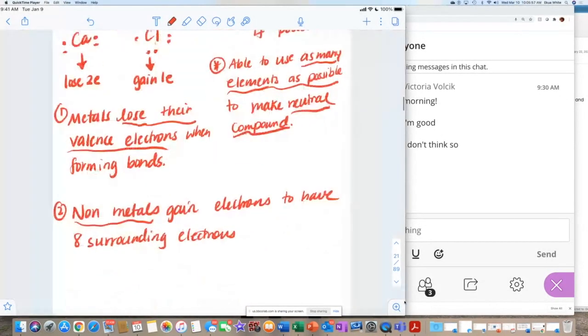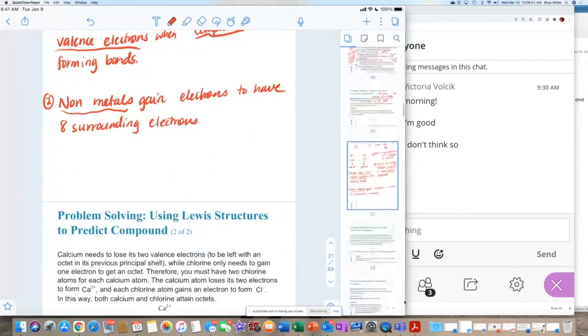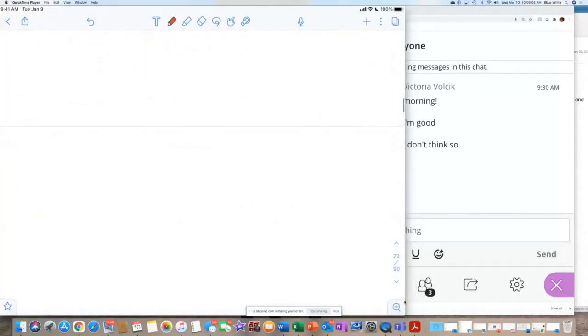Okay, so let's go down here and see what actually happens as we work this out. Calcium, as we predicted, will lose 2 electrons. Then calcium has now lost 2 electrons.